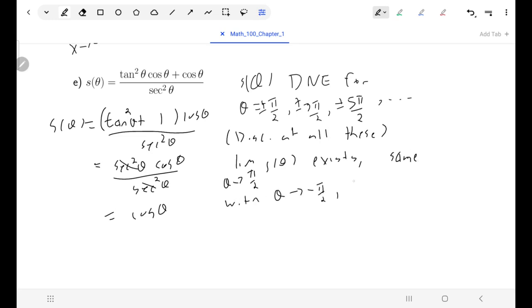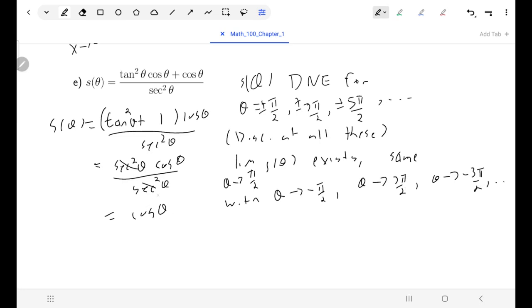So negative pi over 2, 3 pi over 2, and so on. All of those limits exist. As theta goes to pi over 2 for s of theta, that's theta going to pi over 2 of cosine, which is just 0. Or negative pi over 2, which is also 0. Or 3 pi over 2, which is also 0.